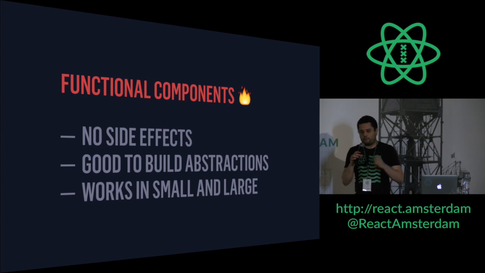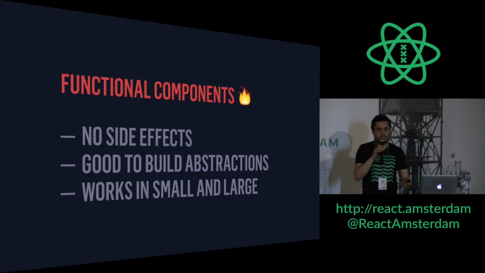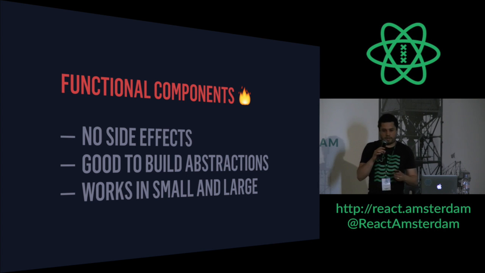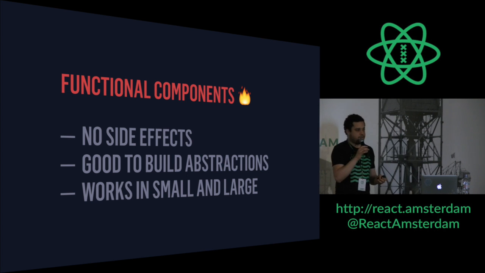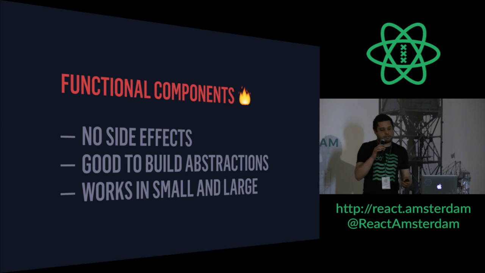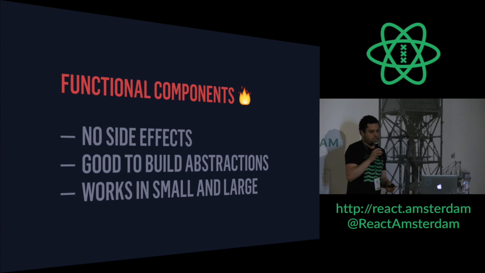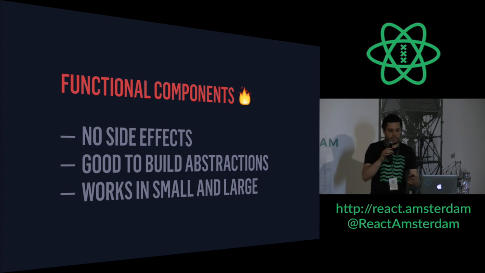Then the functional components. There are some drawbacks, but for me they are limitations or strengths. So you don't have state, you don't have refs or lifecycle hooks, but there are also no side effects, and they're really good to build abstraction, and they work in small or large projects.